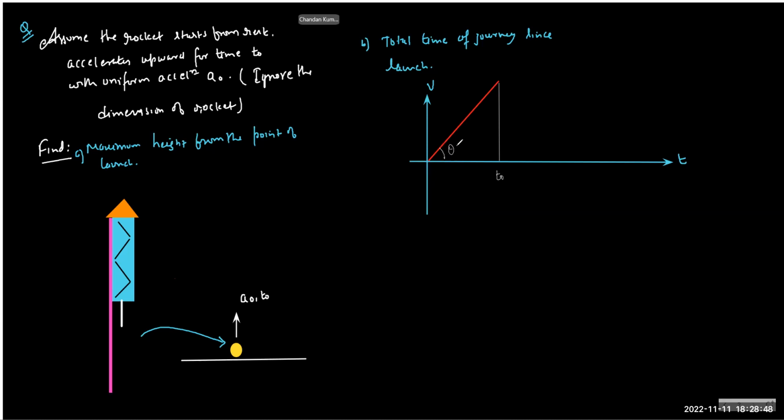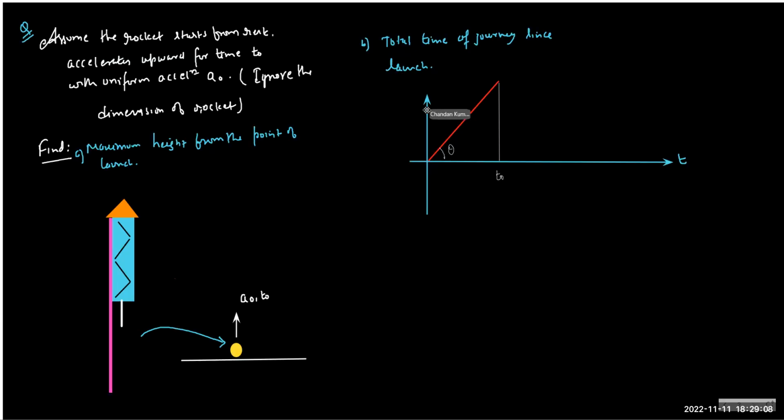Tan of this angle will be the acceleration, so this acceleration is A naught. Correct? So for T naught, it will accelerate with constant acceleration.